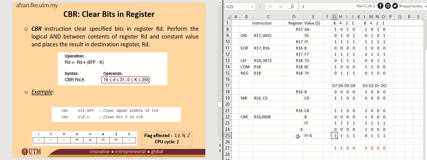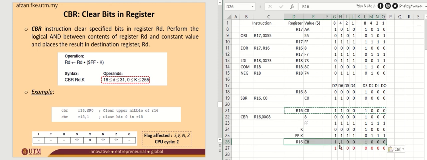When you do FF minus K, you get this number. According to this expression, this number must be ANDed with your RT. Your RT in this case is R16.